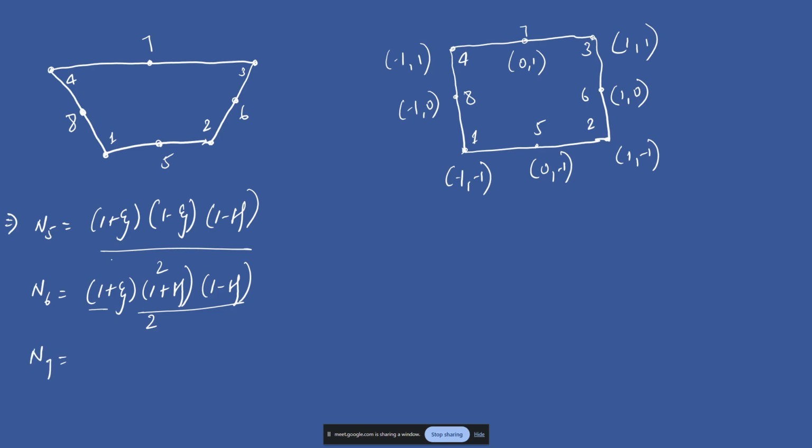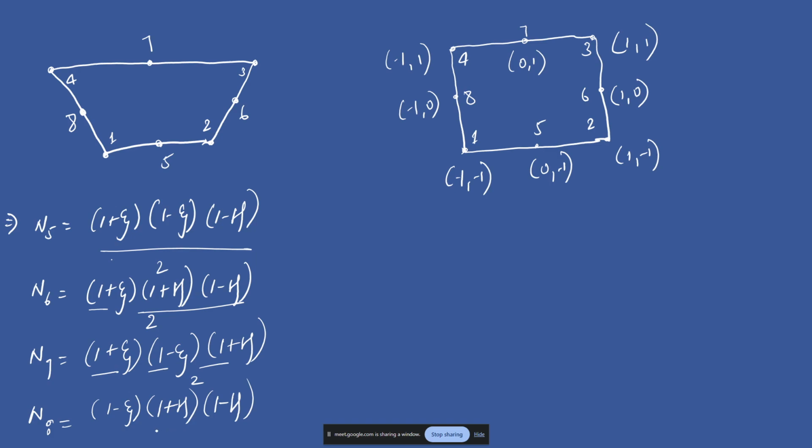Your n7 is given by 1 plus xi, 1 minus xi, 1 plus eta by 2. Then your n8 is given by 1 minus xi, 1 plus eta, 1 minus eta by 2.